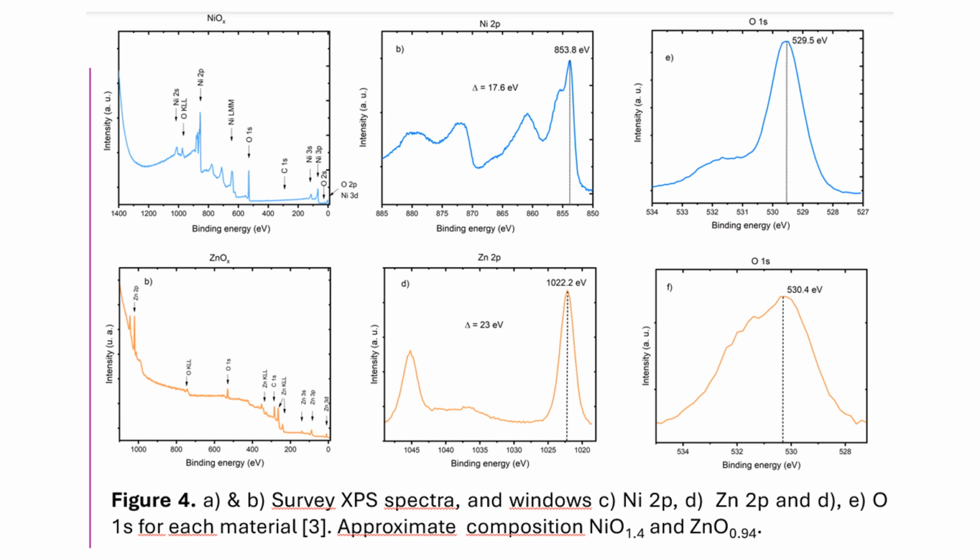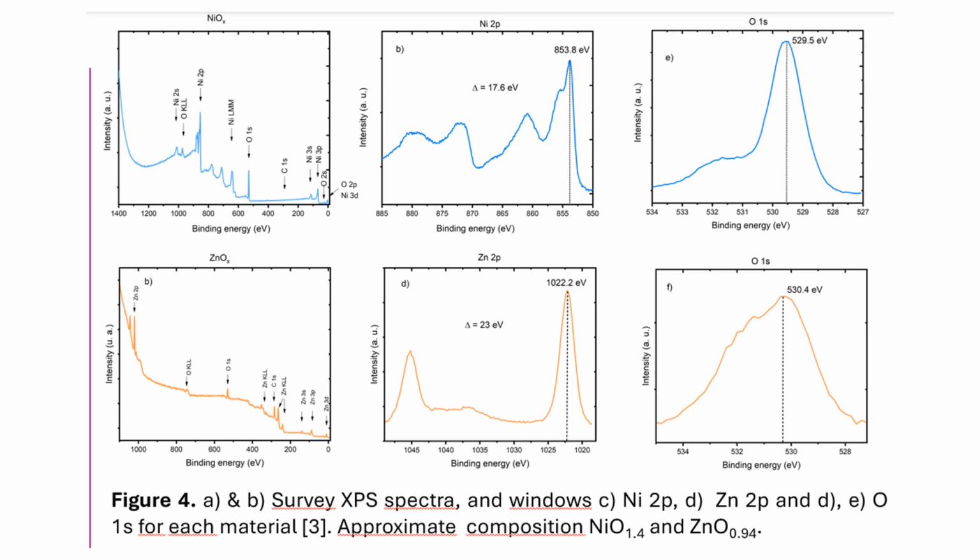From the position of the nickel 2p and zinc 2p peaks and the intensity of the oxygen 1s, we can realize that both thin films are oxidized metals.